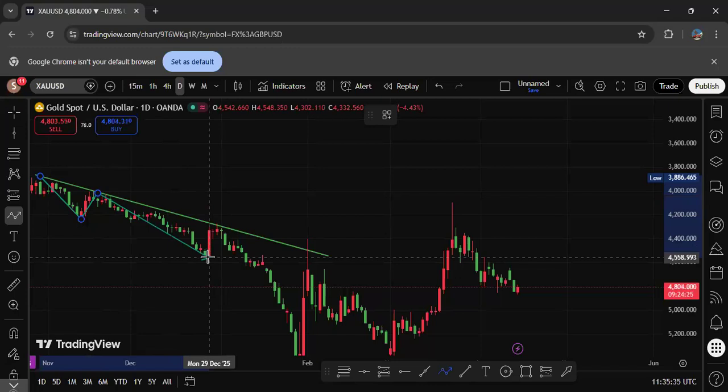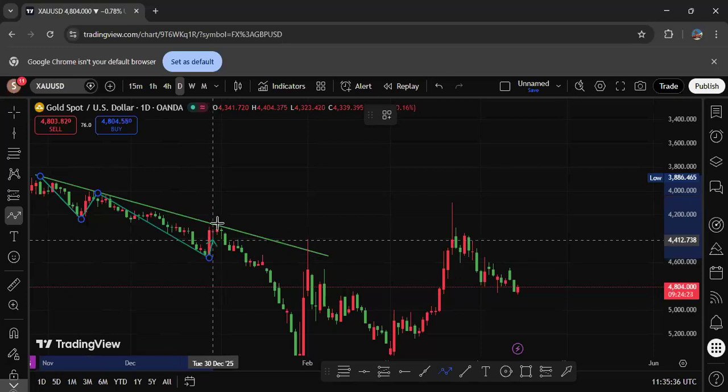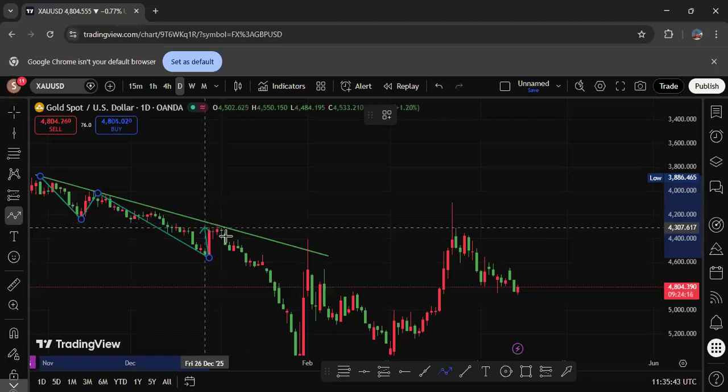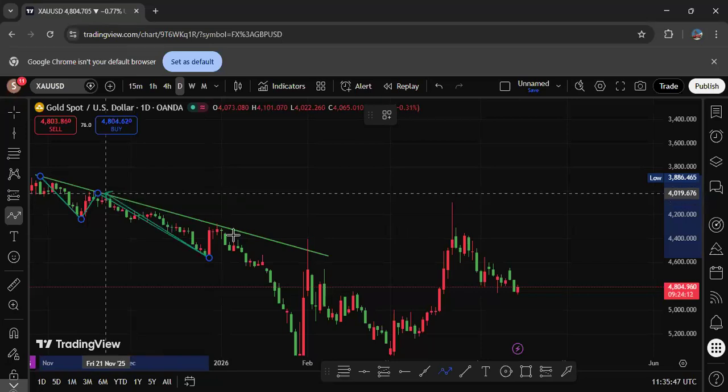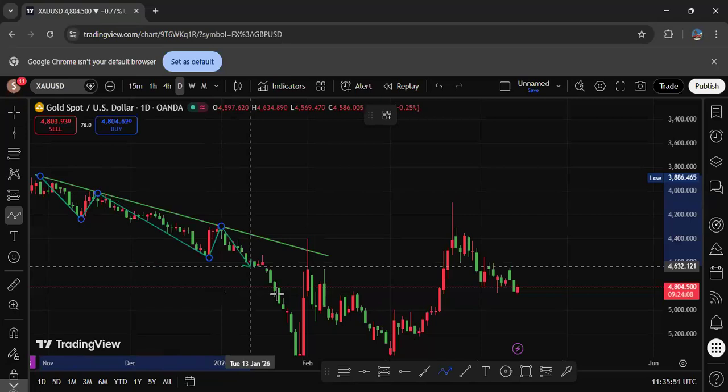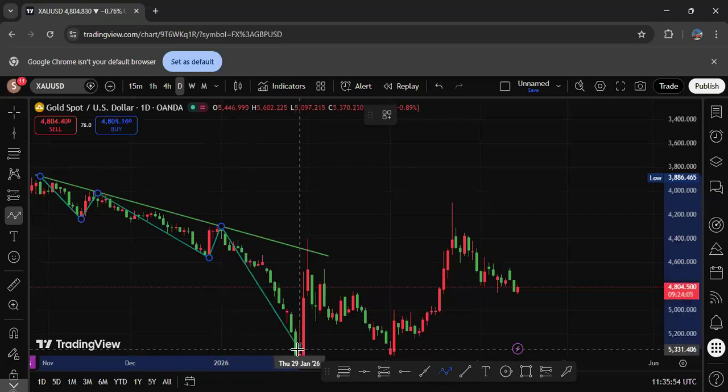Then we put in another high, touching this trend line again. This is a lower high because this high is lower than that one there. Then we came again and put in a lower low.